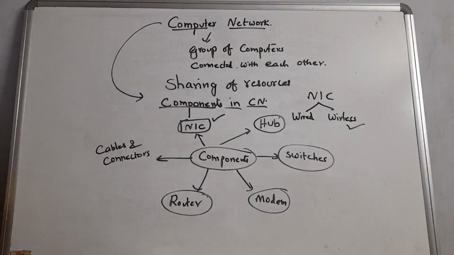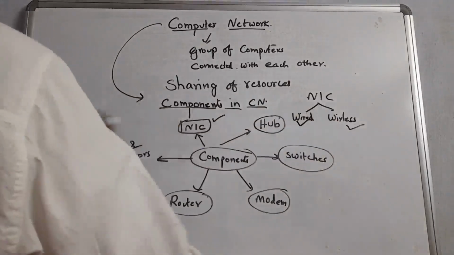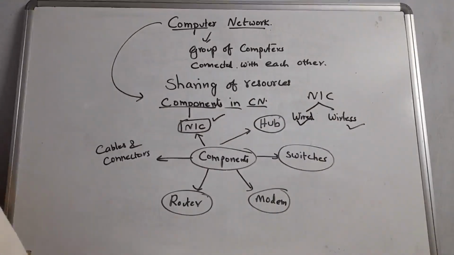In a wireless NIC, a connection is made using an antenna that employs radio wave technology. A wired NIC uses cables to transfer the data over the medium. We will see about this NIC in detail when we talk about the MAC address.